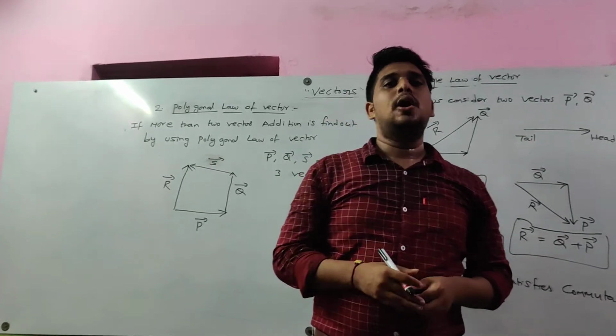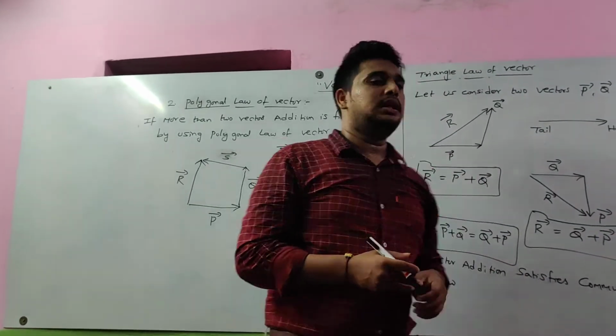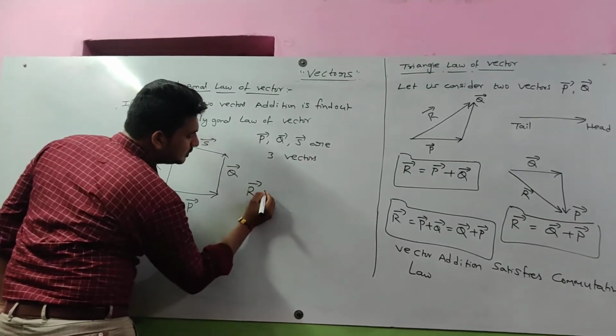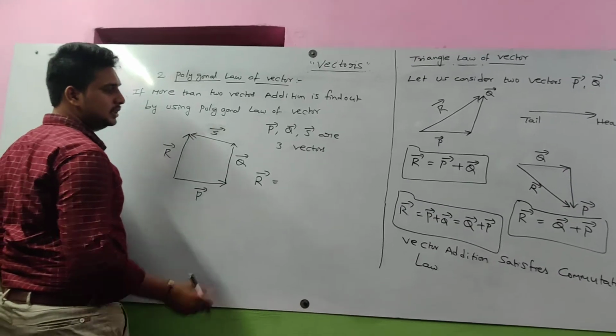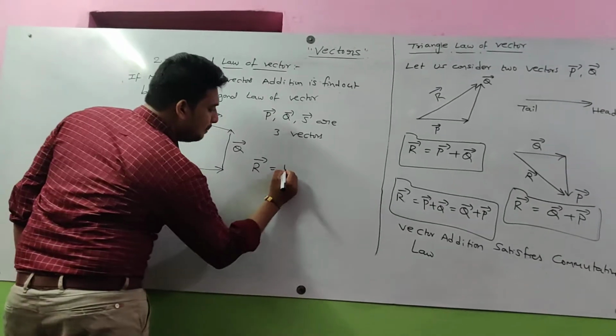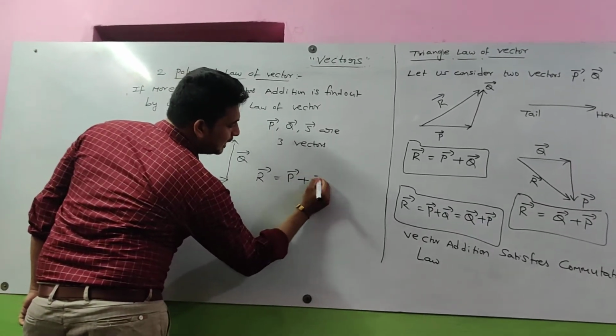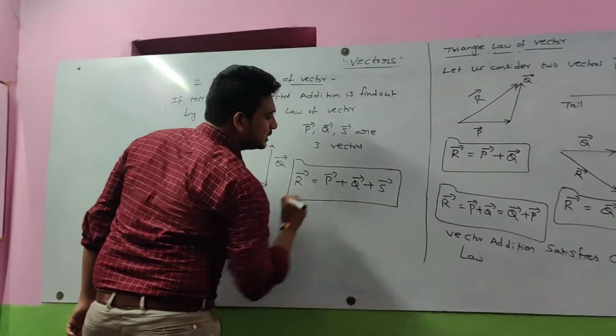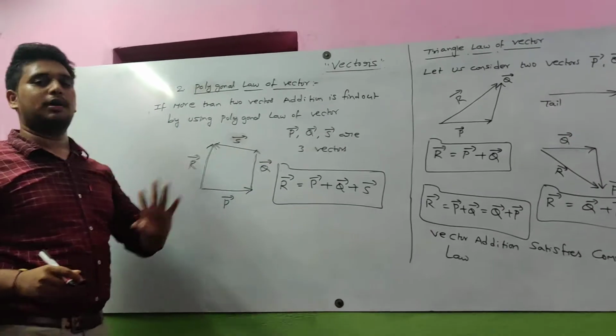That is called polygonal law of vector. So R bar is equal to the resultant of all these vectors. R bar is equal to P bar plus Q bar plus S bar.